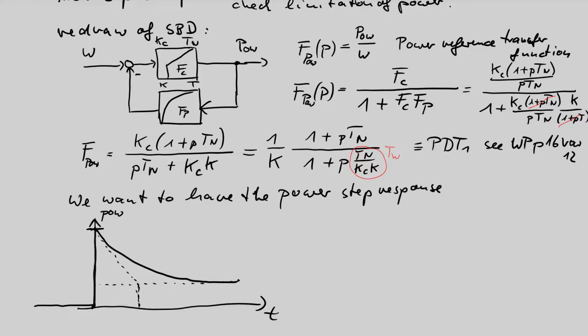For this, I call this peak. I call this final value, F times V, final value, and this time constant. I think this time constant is clear. This is already known.